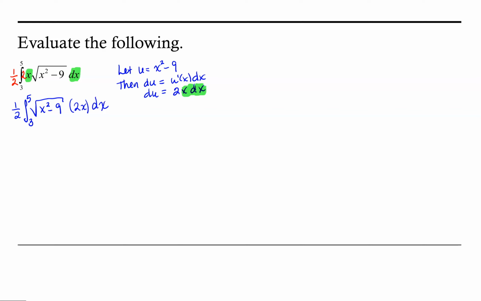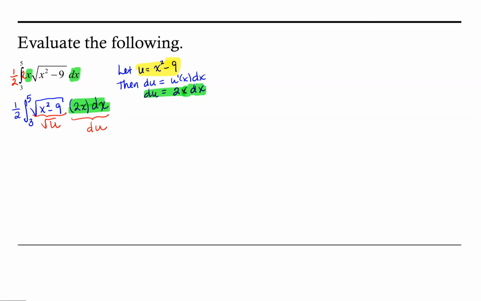And so now I can clearly see where my du is going to be. I'll be replacing this 2x dx with du. I can clearly see where my u is going to be relevant. I'm going to replace this square root of x squared minus 9 with square root of u.